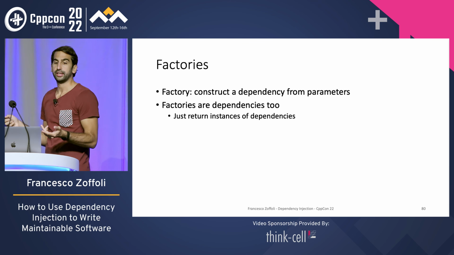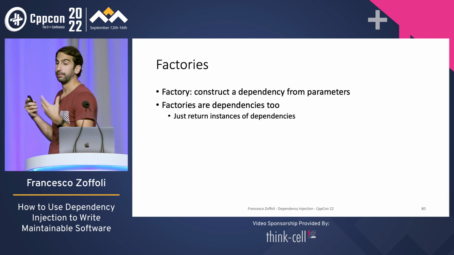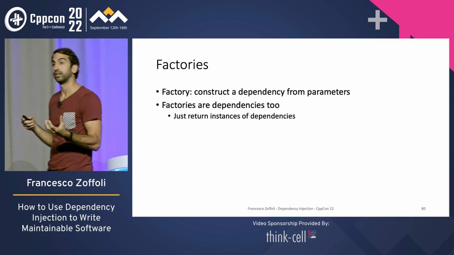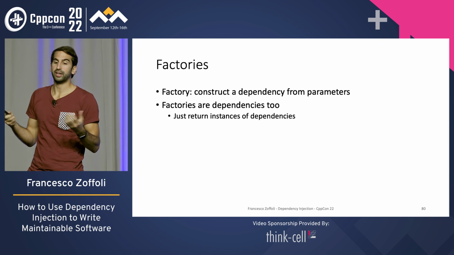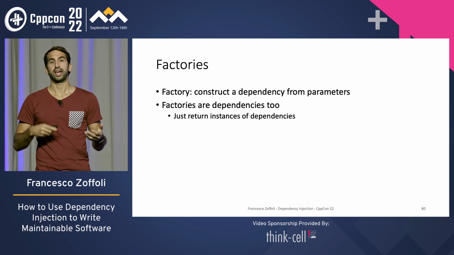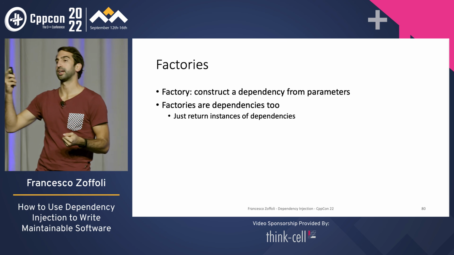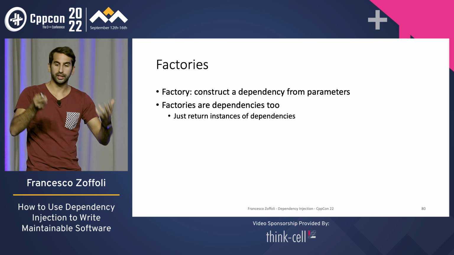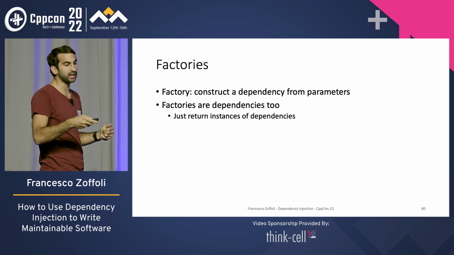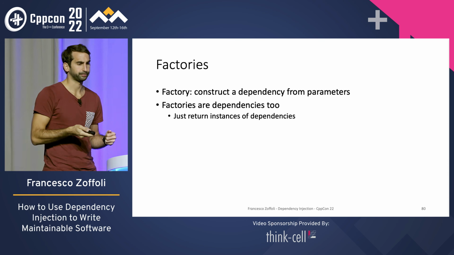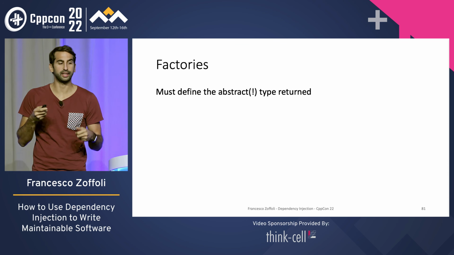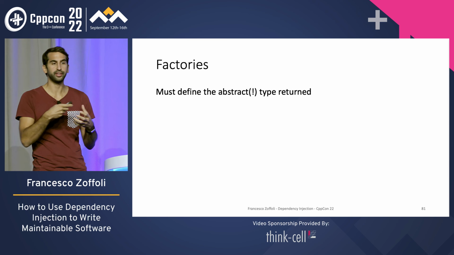A factory simply constructs a dependency from some parameters. But a factory is just a dependency. Everything we saw so far about passing the constructor, passing as a function, passing as a reference, still applies to the dependencies.